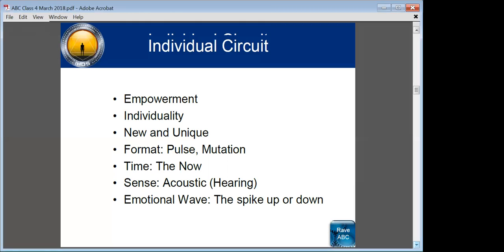So some of you with individual circuitry might feel like an outsider sometimes, and yet you're being contained and kept in control by the collective. And I say we because I have individual circuitry, we that bring the new are obviously outsiders from that perspective. We're not going to fit the norm if it's new.